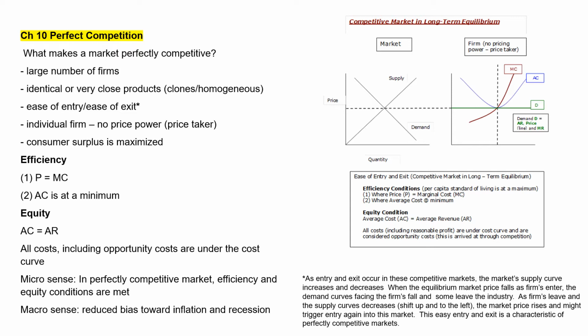This ease of entry and exit is very much characteristic of perfectly competitive markets, meaning that a singular firm has zero or very little influence over any market. So they are certainly price takers. Whatever that market price is, that's what they can sell their product for.